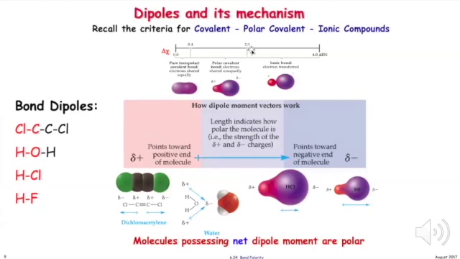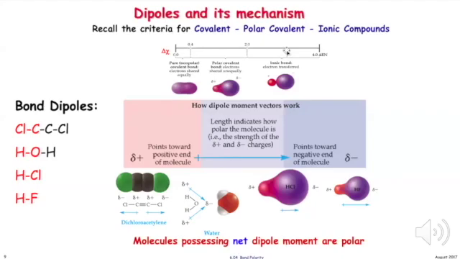Still sharing, but not equally. And when it's greater than 2.0, then that's ionic. The electrons are actually transferred. So for two atoms that are connected, you just need to look at the electronegativity to determine whether it's covalent, polar covalent, or ionic.